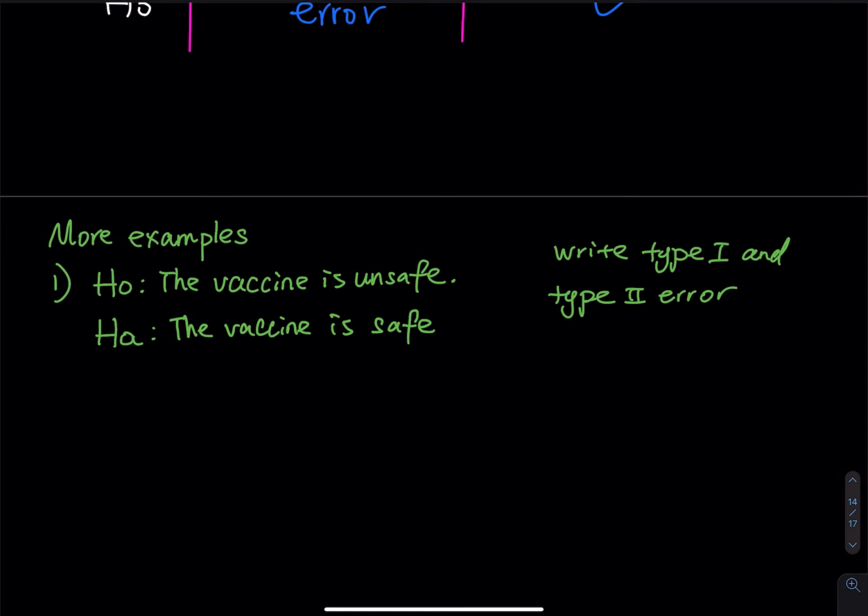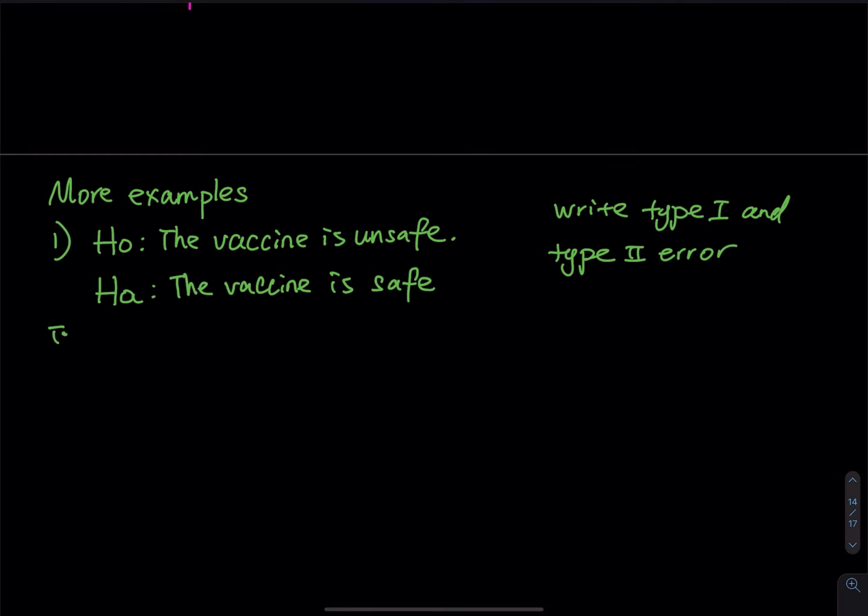So instead of saying the definition out loud, I will just write it down for you. So type 1 error is you reject H naught when H naught is true. Add two words to it, in reality.